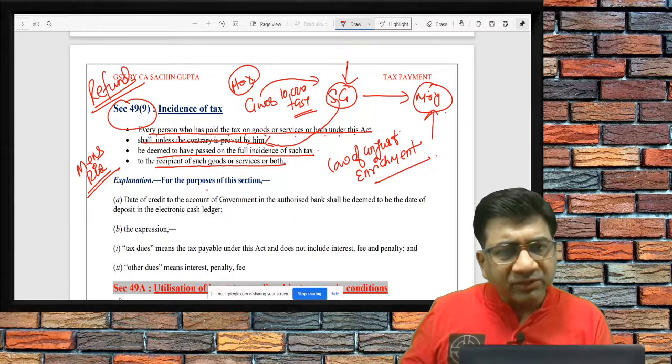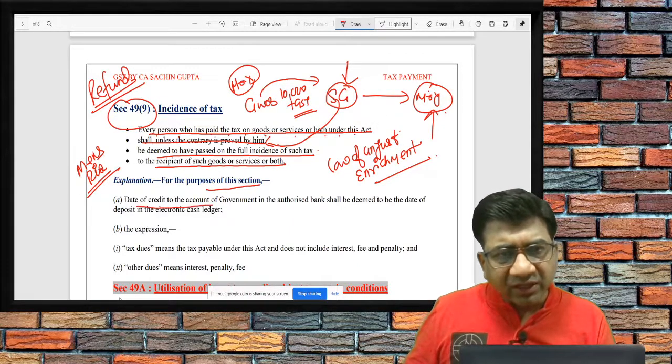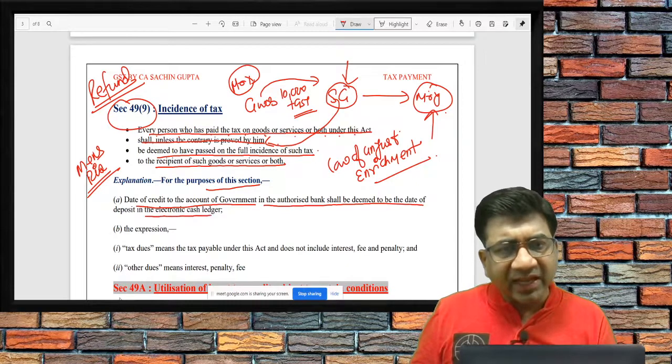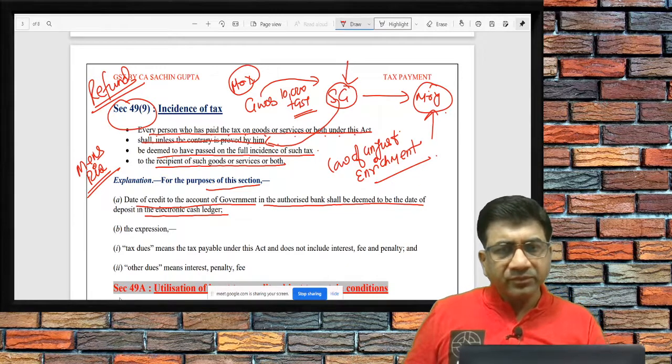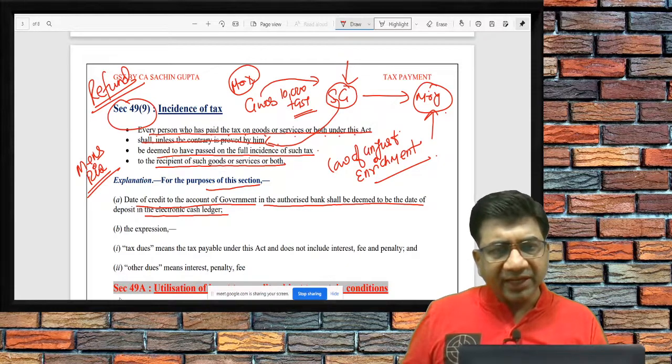For the purpose of this section 49, the date of credit to the account of the government in the authorized bank shall be deemed to be the date of deposit in the electronic cash ledger.